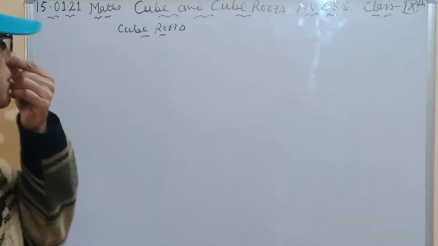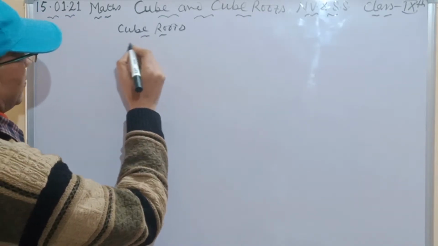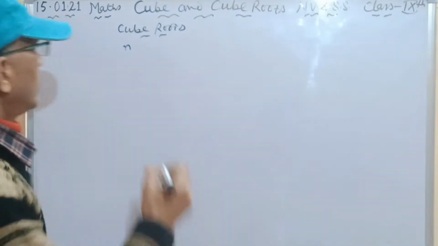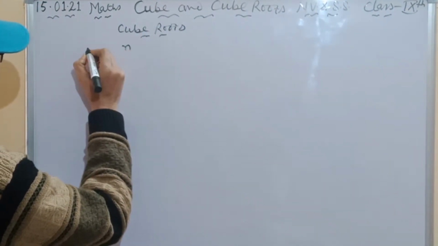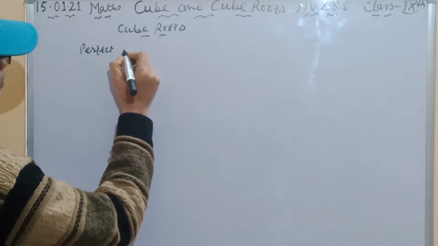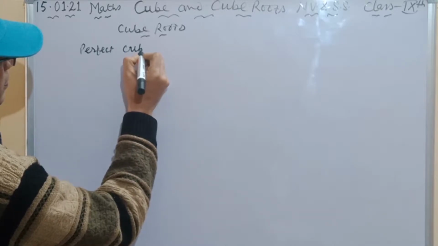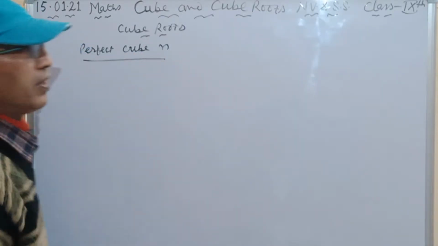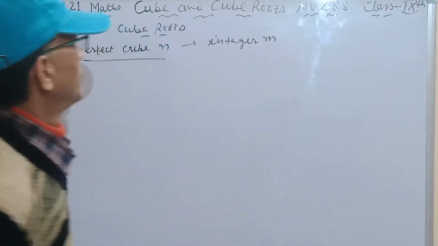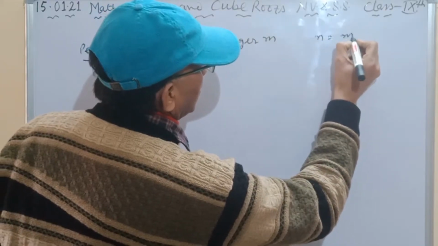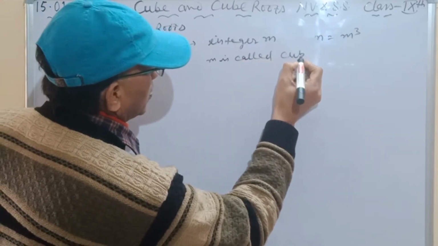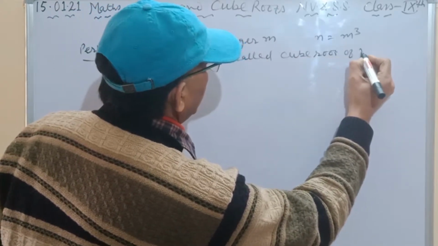Cube roots. For any given perfect cube n, the given integer m, if n equals m cube, then m is called the cube root of n.